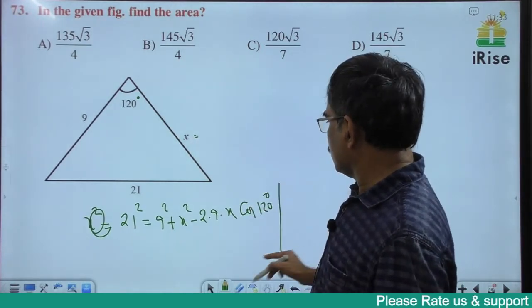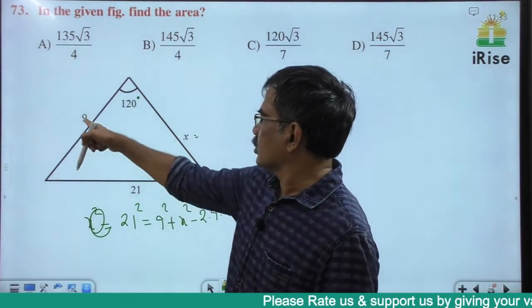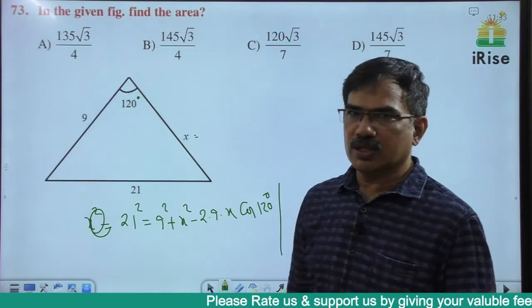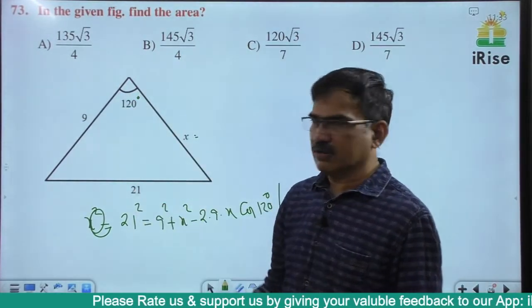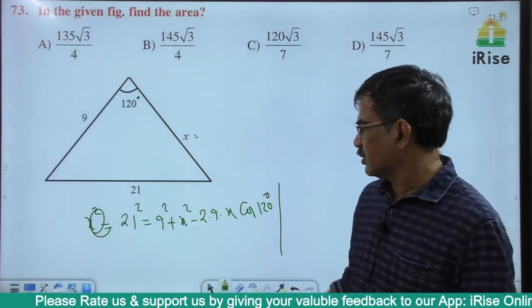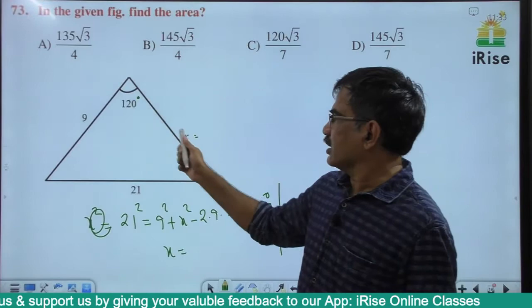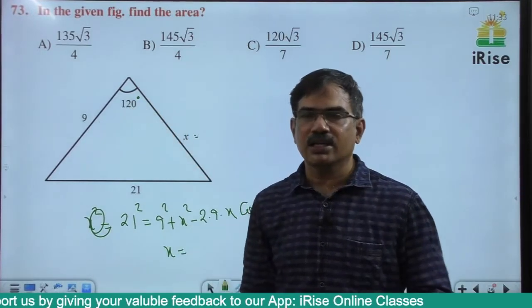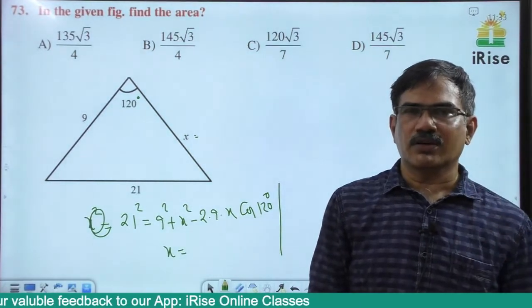You have to know this formula: c square is equal to a square plus b square minus 2ab cos theta. Two adjacent sides and included angle given, we can find the third side, the formula is this one. From this find the x value. After finding the x value, two sides and included angle given, half ab sin theta gives the area. Simple, two formulas.